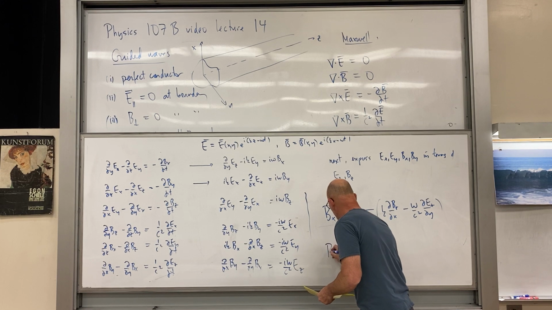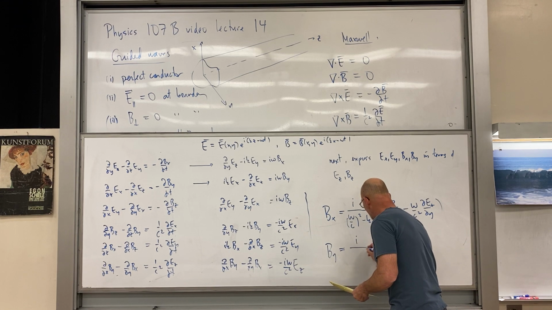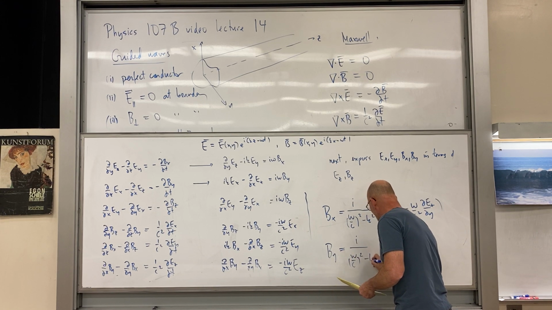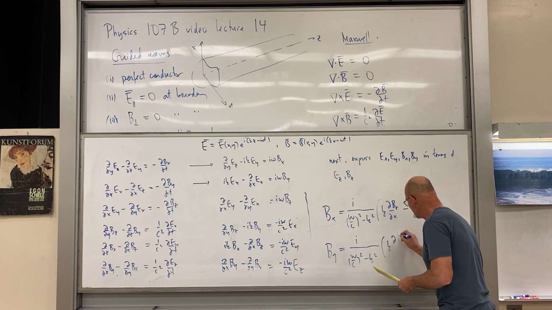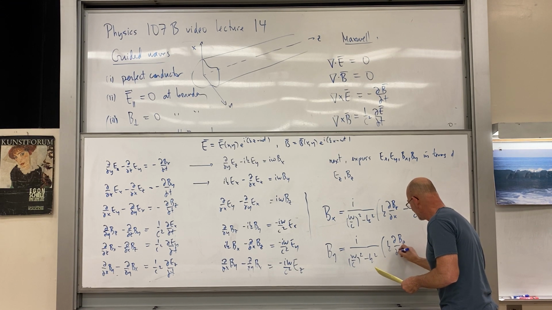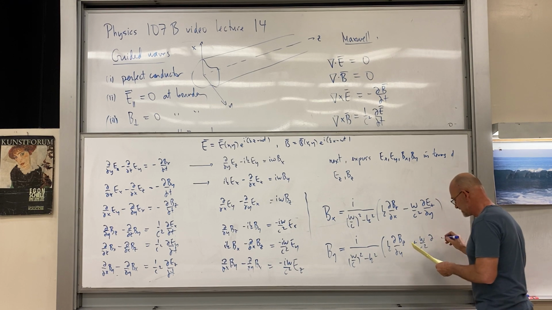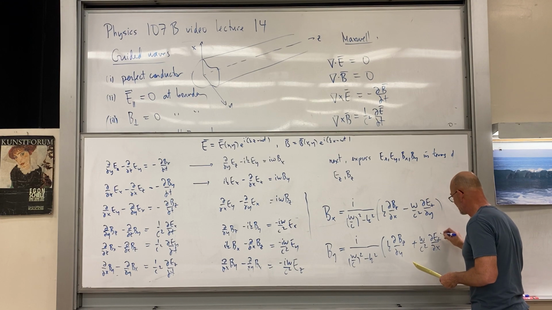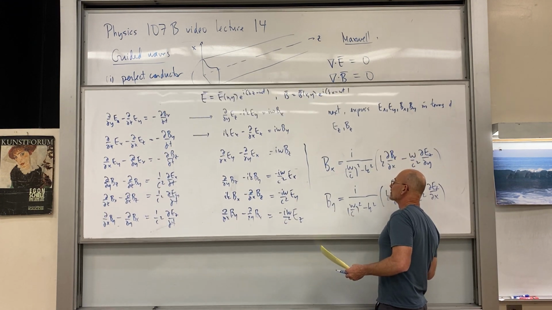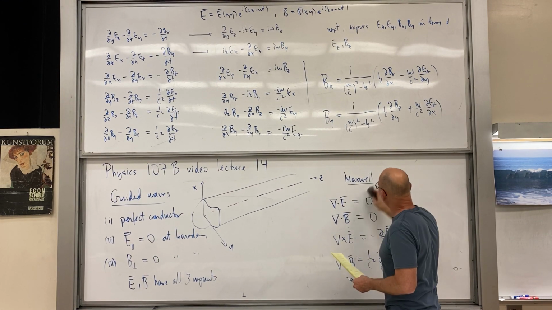Bx, By, they all look very similar. i over omega over c squared minus k squared, k dBz/dy plus omega over c squared dEz/dx. I'll put the other two right underneath.